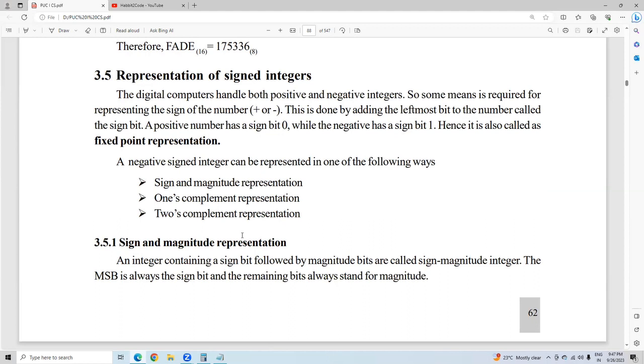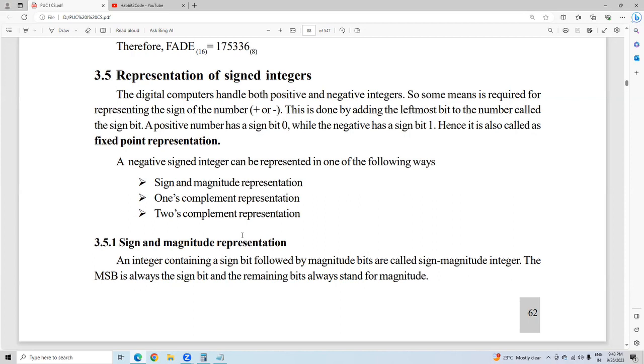Representation of signed integers. See, signed means what? A number with both positive and negative. That means it may be a positive or negative number, a signed number. So some means is required for representing the sign of the number. This is done by adding a leftmost bit to the number called the sign bit.